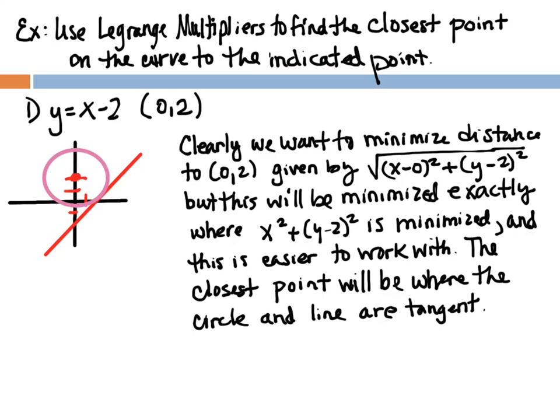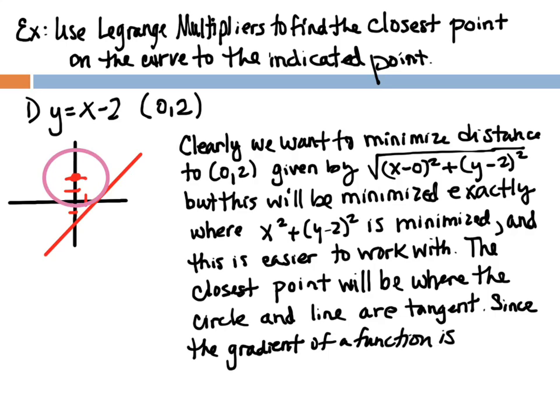And here's where we're going to be using what you did back in section 13.6, the one you did for homework last night. Since the gradient, remember that's the vector formed by the first partials of each of them individually, since the gradient of a function is orthogonal, right? That's the perpendicular that you mentioned, James.